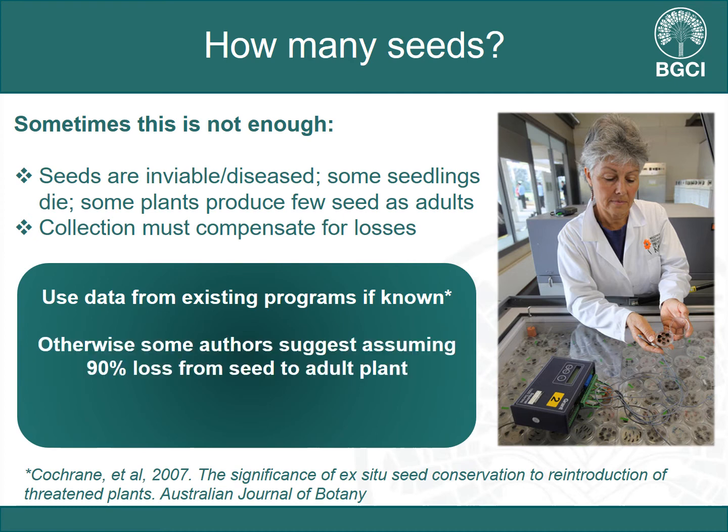Some authors suggest assuming 90% losses from seed to adult plant, thus collecting 10 times as much seed as you think you will need. I emphasize here that seed banks and restoration programs should keep data on how seed is lost over time, because that information will eventually be useful for the next round of seed collecting.